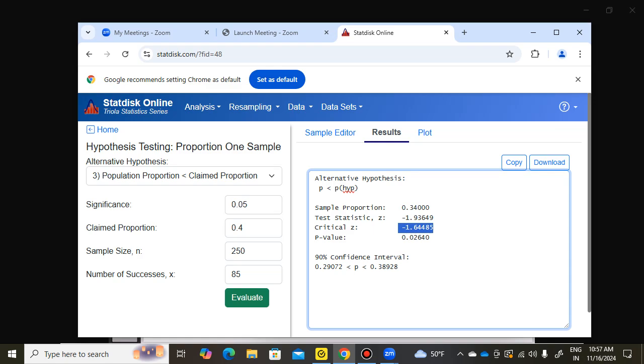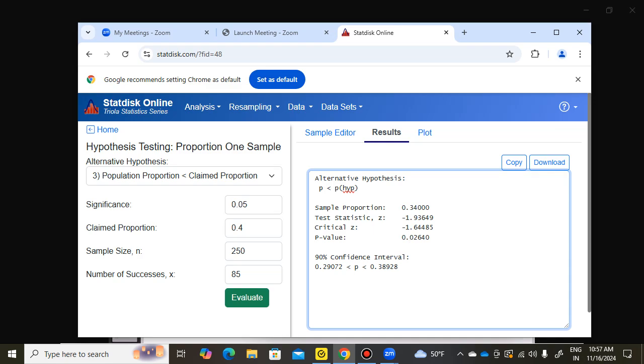So your critical value is minus 1.645. Notice there's only a minus sign, not plus and minus. This is because it's a one-tailed test. You're only going to get one critical value. And then your p-value is 0.026. We're not going to worry about the confidence interval on this, just these four.